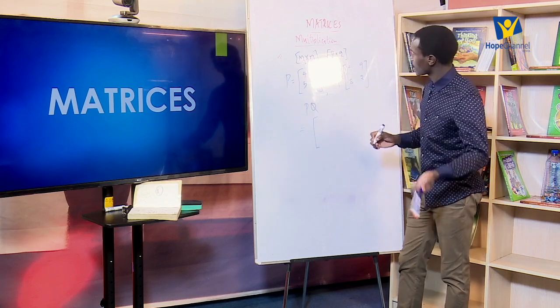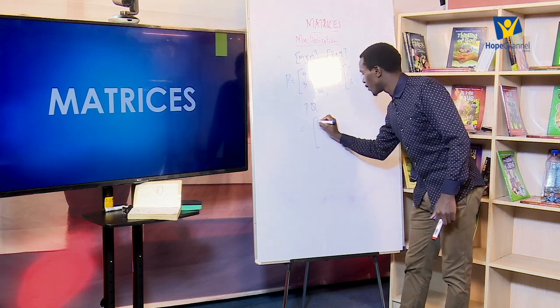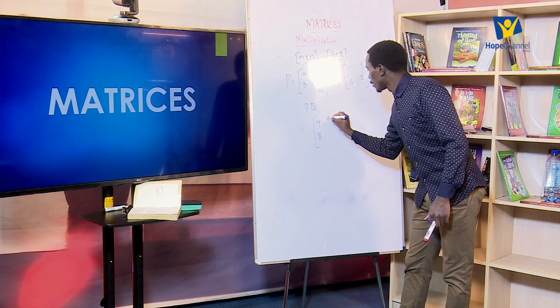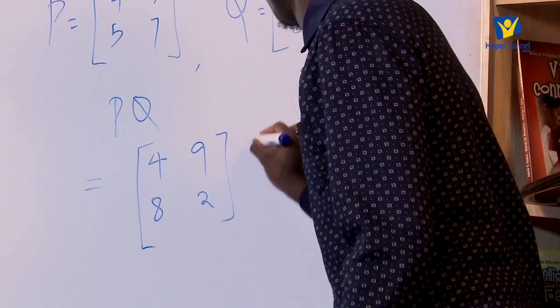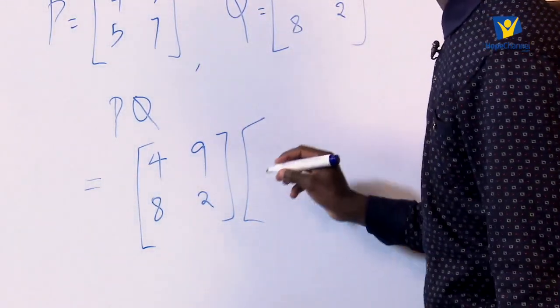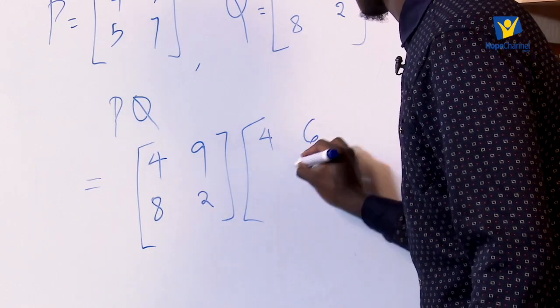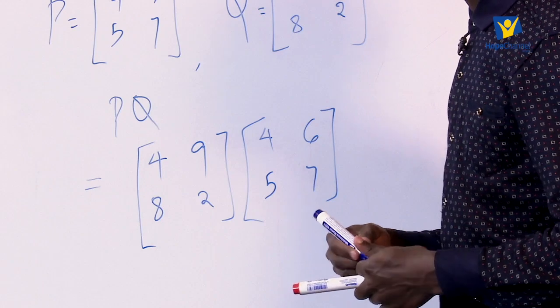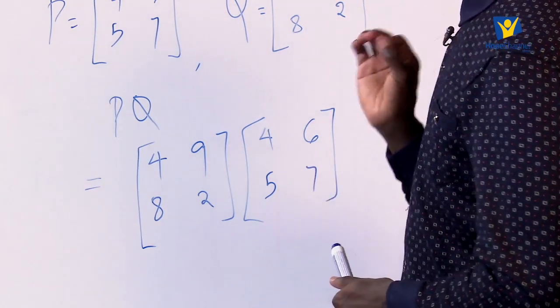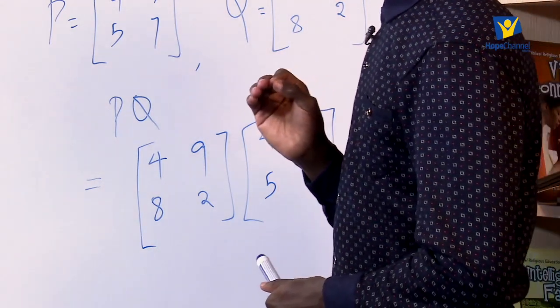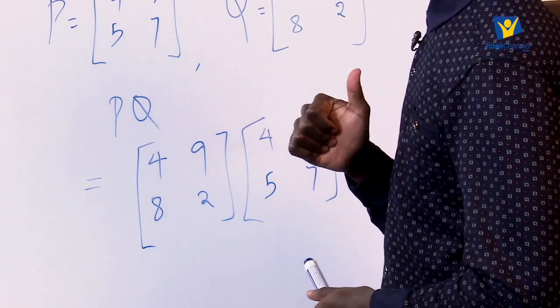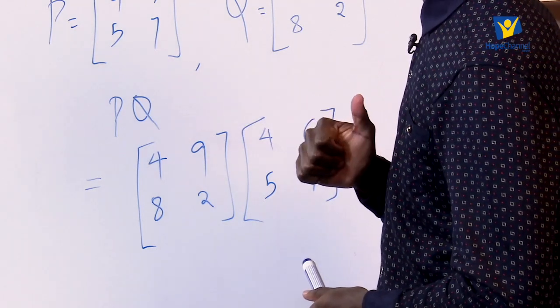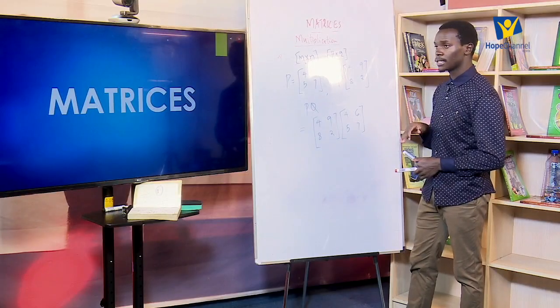Pre means start with. You're going to start with 4, 8, 9, and 2, multiplied by 4, 6, 5, 7. You put them side by side. Now when multiplying, you have to be very careful, because you have to ensure that you do the correct multiplication, because if you don't do it correctly, you'll get it wrong.